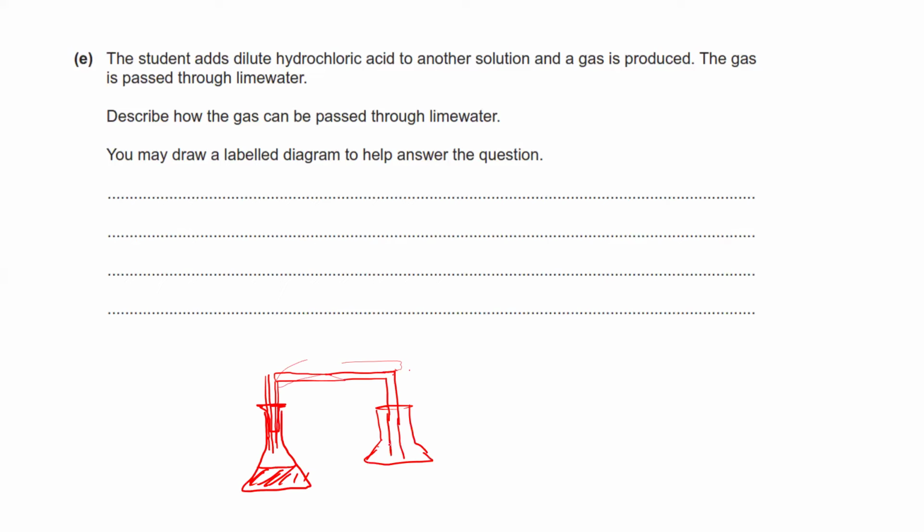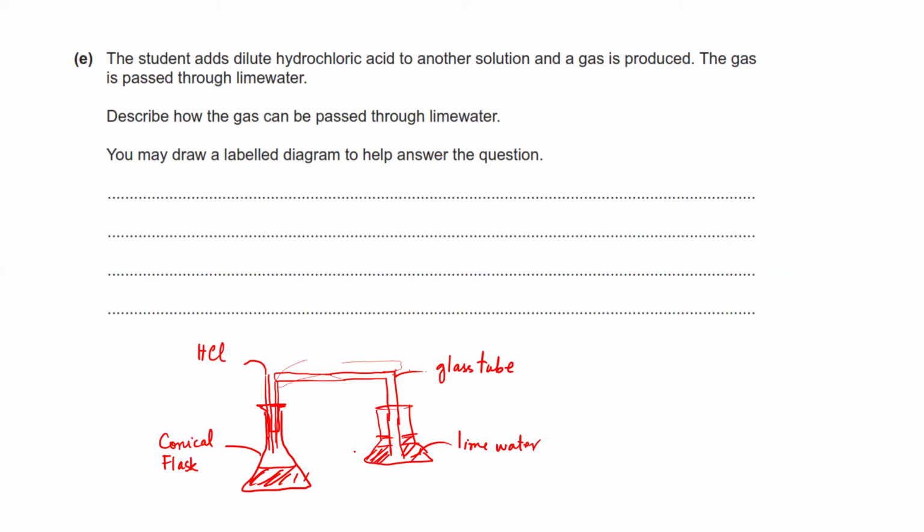So we have to ensure that this tube is immersed into the lime water. So this is your lime water. This is your glass tube. This is your HCl. This is your conical flask.